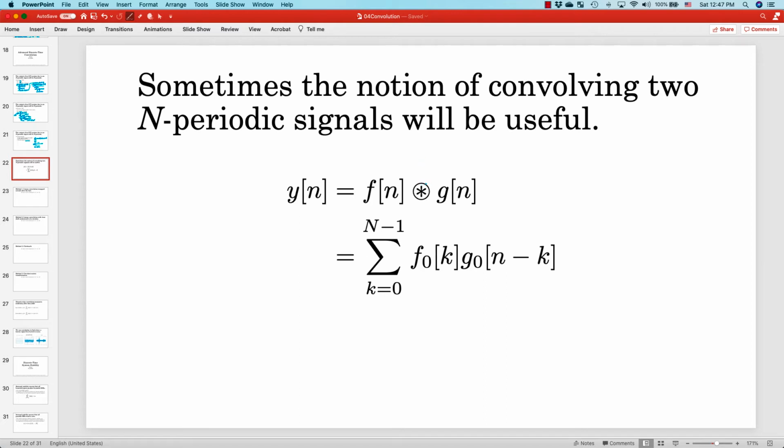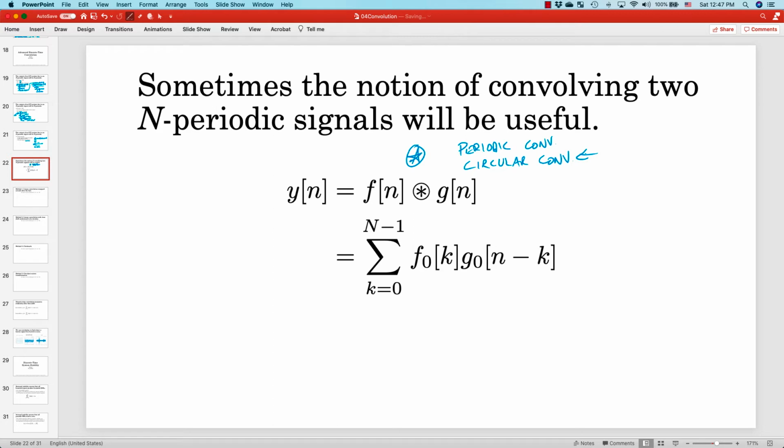Sometimes it's the asterisk with the circle, sometimes it's the star with the circle. But either way, this is called, in some books, periodic convolution, or in other books, it is circular convolution. I'm going to prefer the term circular convolution, but you should know that it's called both things.